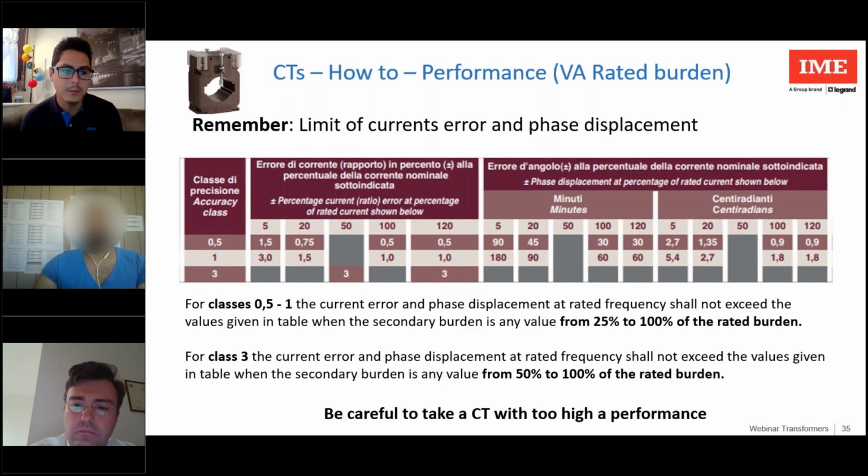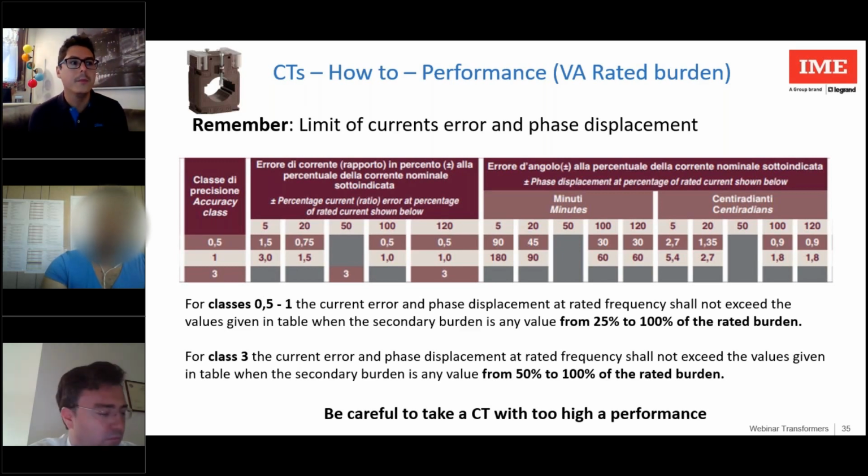And another thing, in many wiring diagrams you find that you have to connect the earth on the secondary of the current transformer. If I have a bad isolation earth, this can make a bad measure, a bad report of the vector of the current.